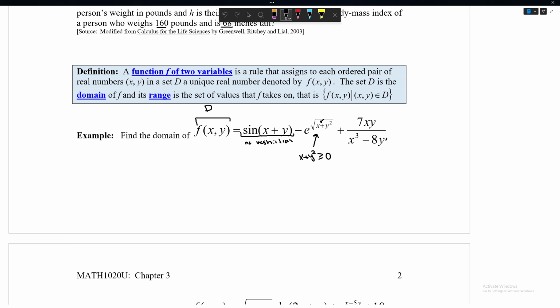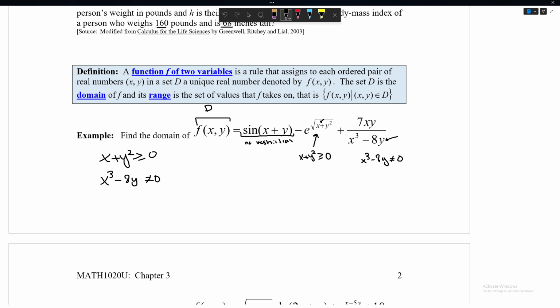This part, your denominator cannot be 0, right? So you would say x cubed minus 8y cannot be 0. Oops, forgot my 0. All right, and these are your two restrictions. You have x plus y squared has to be more than 0, and x cubed minus 8y not equal to 0.